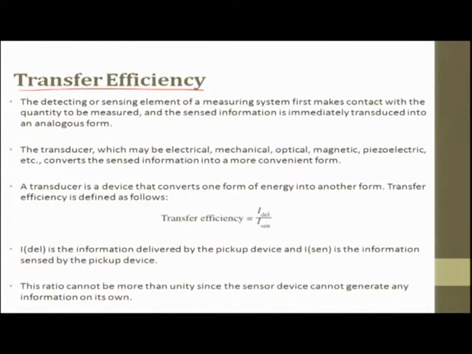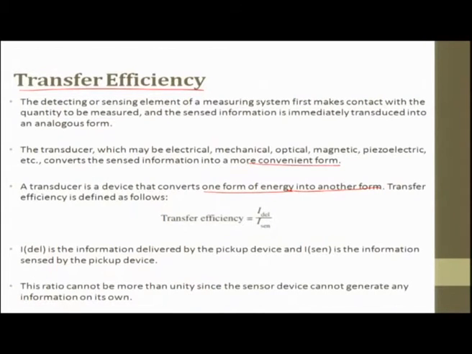The transducer, which may be electrical, mechanical, optical, magnetic, or piezoelectric, converts the sensed information into a more convenient form so that you can start correcting, editing, and analyzing the data. A transducer is a device that converts one form of energy into another form.